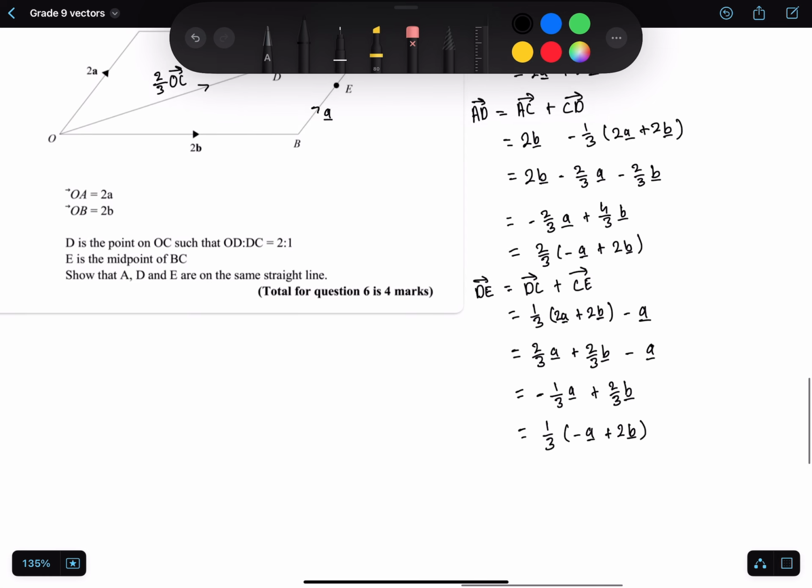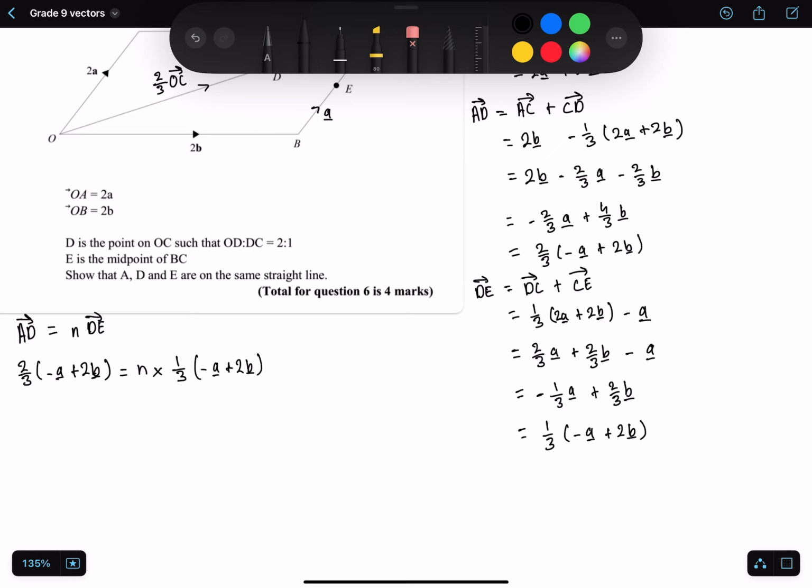So now we know that AD equals n DE. And to calculate n, again, we can do 2/3 (minus A plus 2B), so that's our vector for AD, equals n times 1/3 (minus A plus 2B).